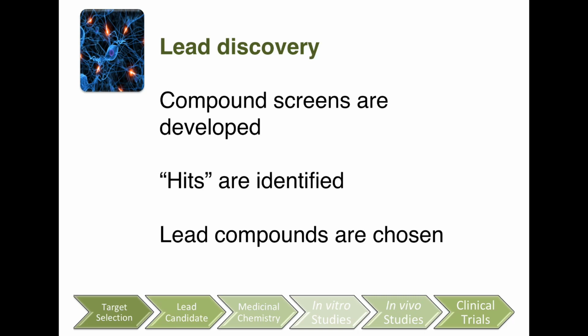This is a more traditional approach and has yielded a large number of compounds, but there's a very, very high fail rate in this also. But the good thing is that when you're developing compound screens, if you do it in the right model, you could identify compounds that get past that first fail, going from inhibition of activity of a purified protein to seeing how that compound actually works in the cell.